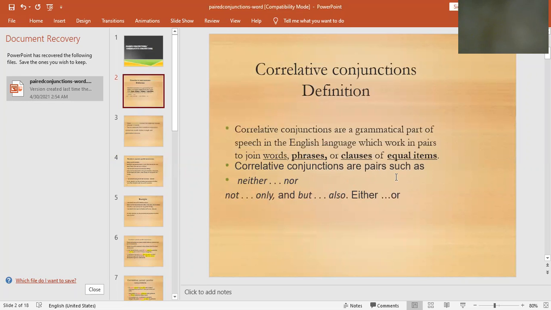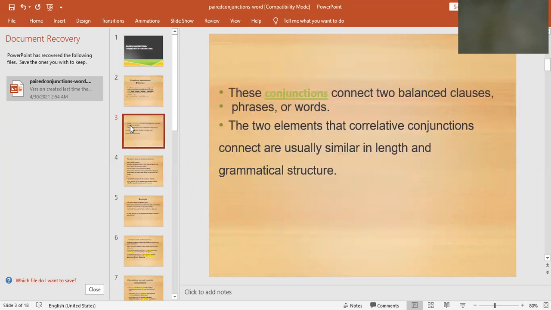Correlative conjunctions are pairs such as neither nor, not only but also, either or, hardly when, scarcely when. These conjunctions connect two balanced clauses, phrases, or words. Balanced means of the same size.